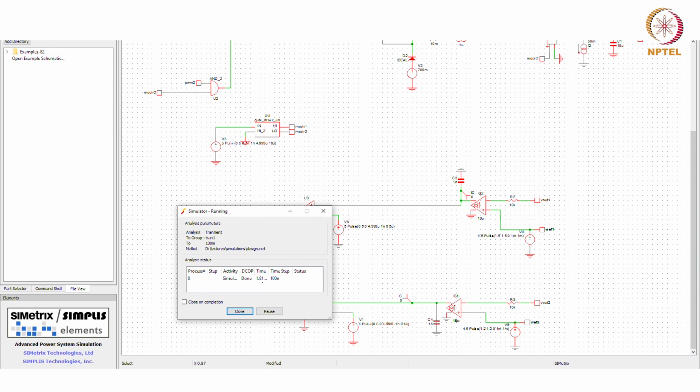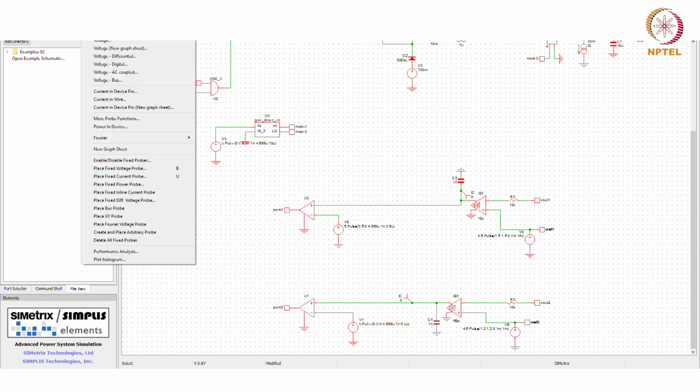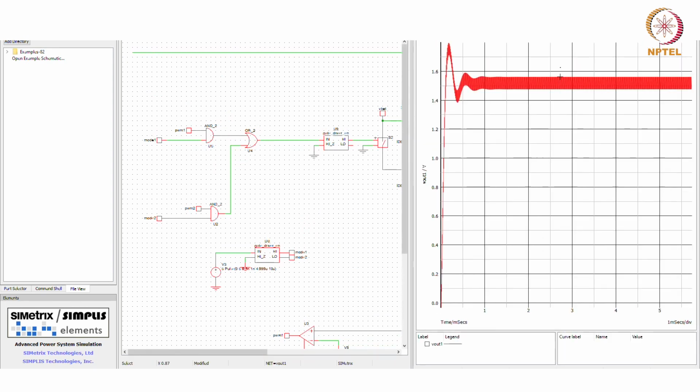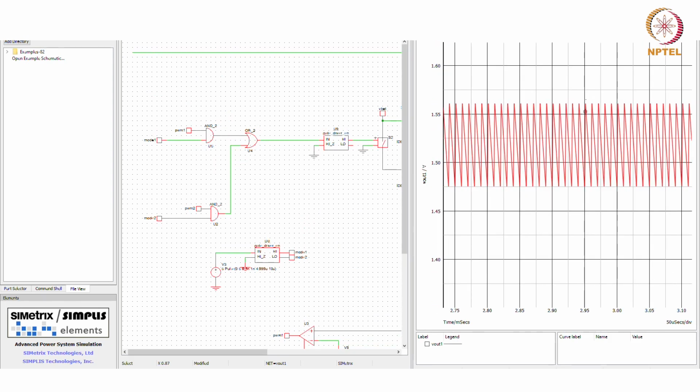Since it's in DCM, it may take a little bit long to settle. Looks like it is settled.